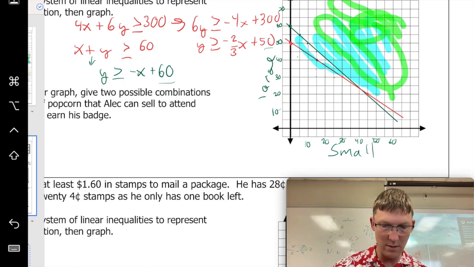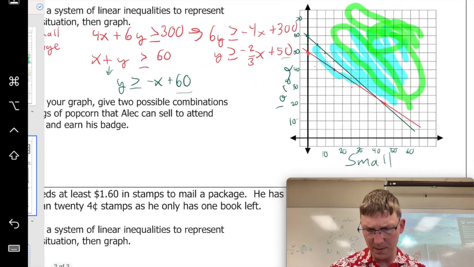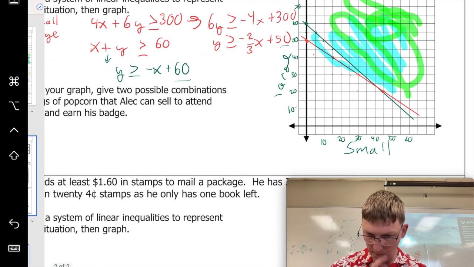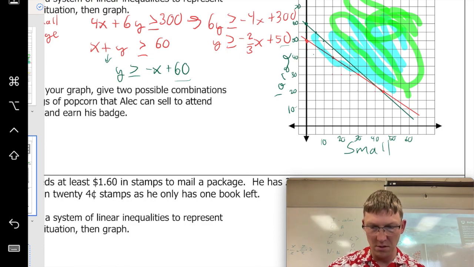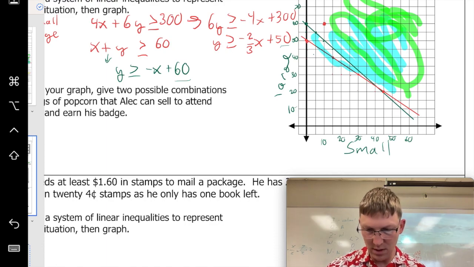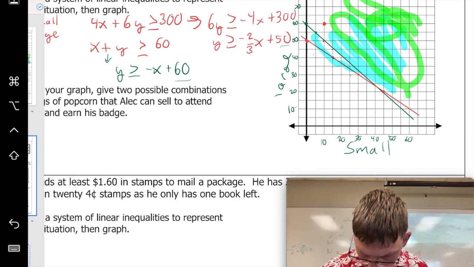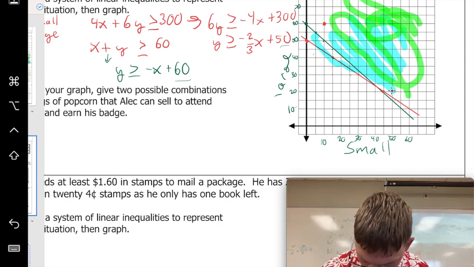So there could be multiple right answers here, but we could say, I don't know, 10 and 60. That would be in there. And then what about somewhere like 20 and 50?